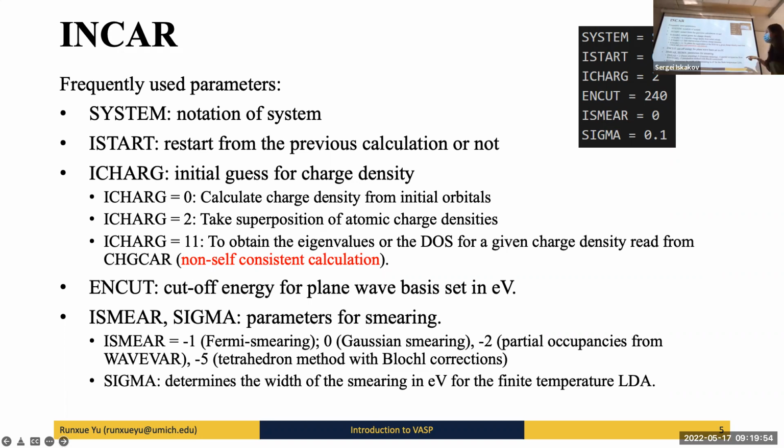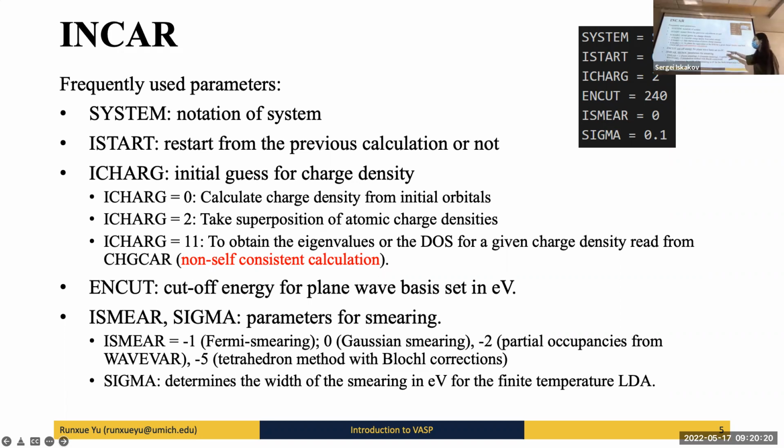If it is equal to 0, then it will calculate charge density from initial orbitals. If it is 2, it will take a superposition of atomic charge densities. If it is 11, it will obtain the eigenvalues or the density of states for a given charge density read from the CHGCAR. So usually we will use these two values.